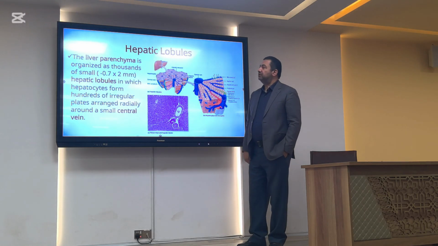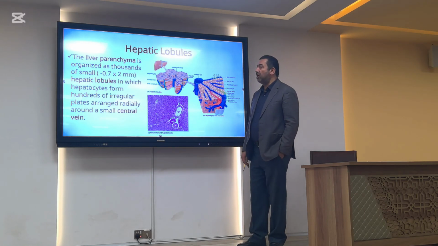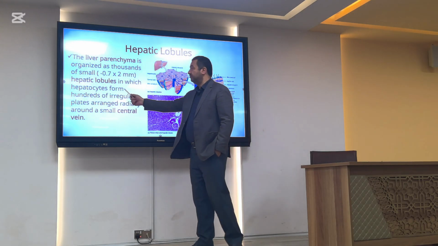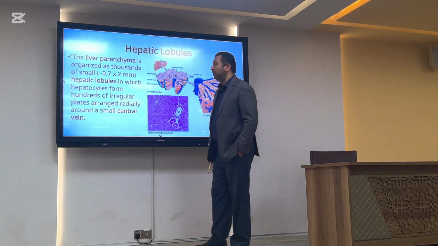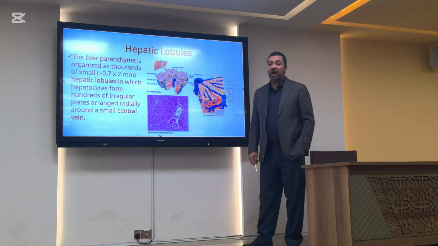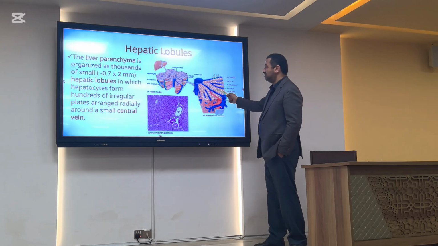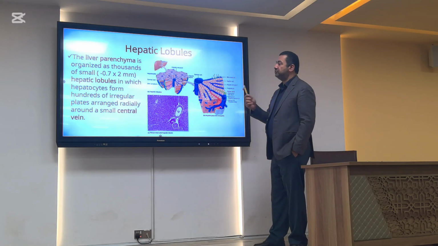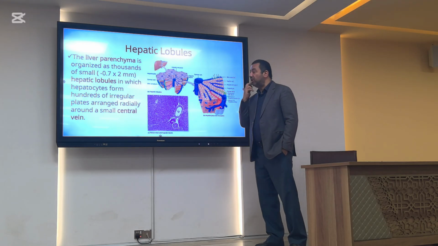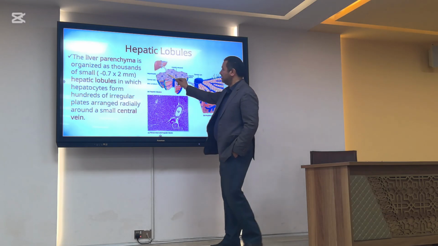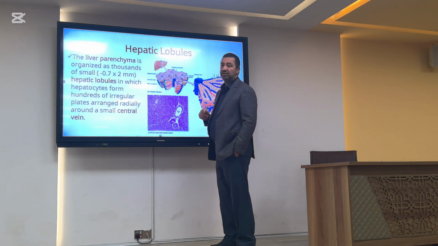Liver parenchyma is organized as thousands of small hepatic lobules in which hepatocytes form hundreds of irregular plates arranged radially around a small central vein. You see here, this is a classic hepatic lobule.